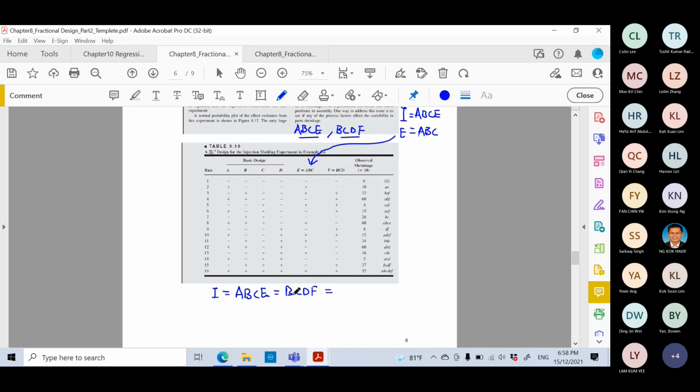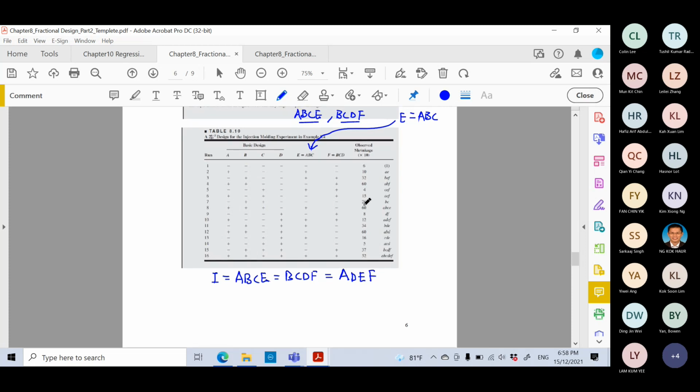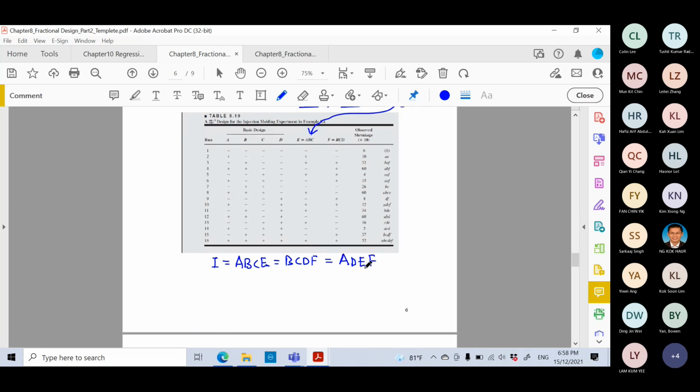If you multiply these two, the B and C will cancel off. You will get ADEF. So this one is a complete defining relation here. So of course you can list out all the alias structure.